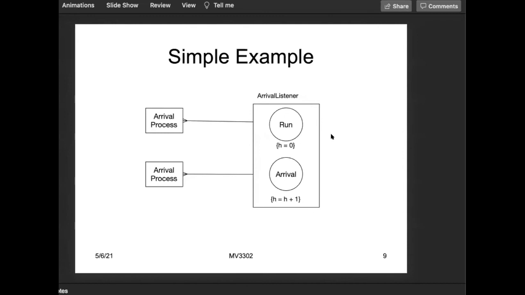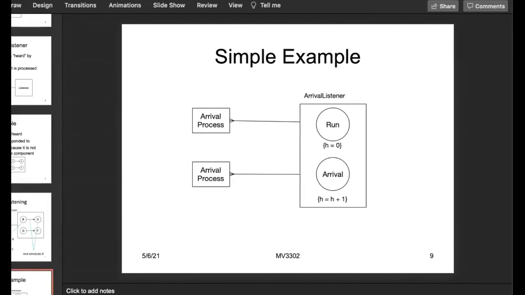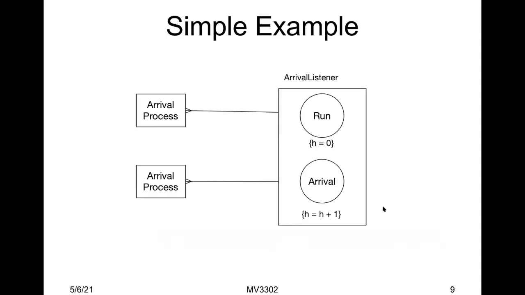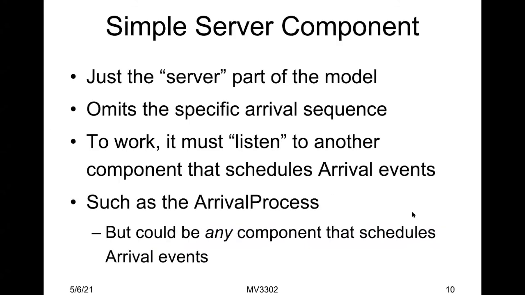Okay, so that's sim event listening in action, again, for an admittedly somewhat arbitrary and classroom-like example, but that should illustrate to you the idea that when an event happens in one component, it can get heard in another component. And so we can exploit that to have a more componentized version of our multiple server queue. I call it the simple server component.